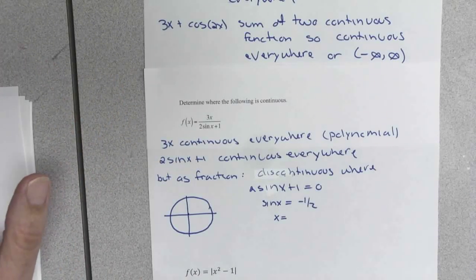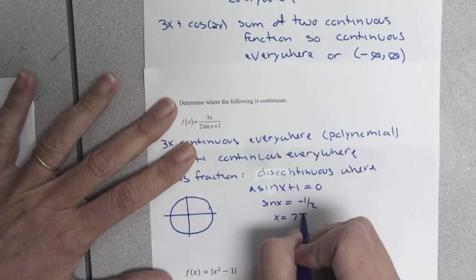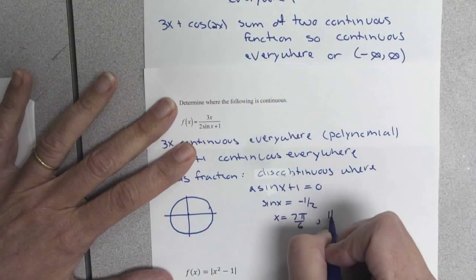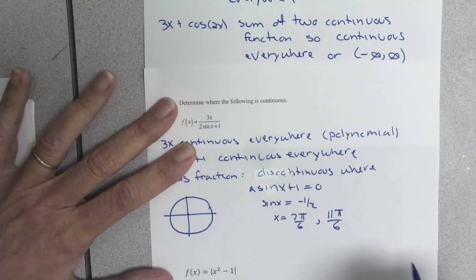I just may have confused myself. Sine is negative. I said second and third quadrants. That's wrong. Sine is your y-coordinate on the unit circle. Your y-coordinates are negative in the third and fourth quadrants. So sine is negative at 7 pi over 6 and 11 pi over 6.